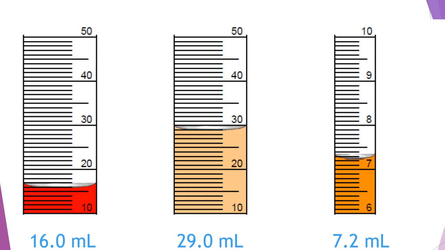On the next slide, 4 more graduated cylinders will appear. You will read the measurements yourselves. I would ask that you pause the video and give yourselves about 3 or 4 minutes to read each of the graduated cylinders, making sure to write your measurement showing the tenths place. And then when you're ready, click play and the answers will appear.